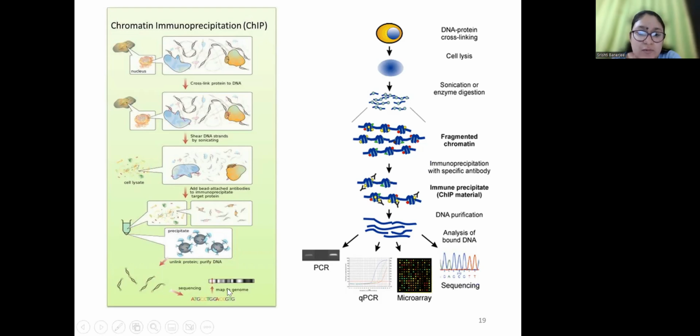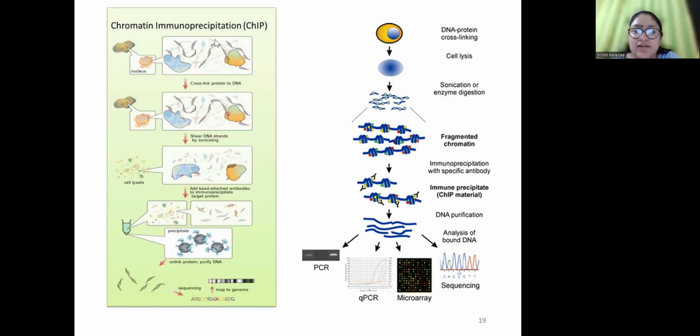And then we are going to sequence it and map it to the genome. So that is how we can understand whether the particular protein is binding to the DNA or not. Clear? Any experiment which indicates a protein and DNA interaction, always go for chromatin immunoprecipitation, where you have both the players, DNA and protein.